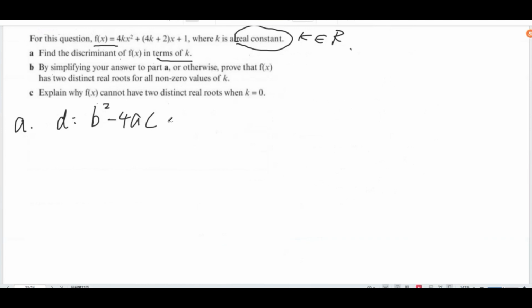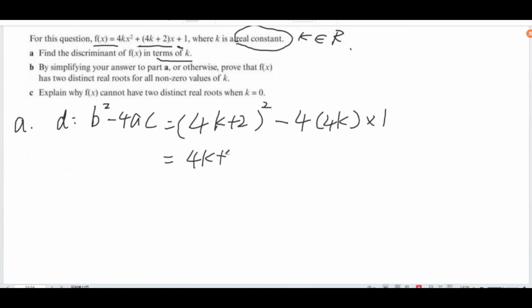So b in here is (4k plus 2) all squared minus 4a c, which means 4k, right? 4k times 1, so it can be (4k plus 2) all squared minus 16k. This is A.